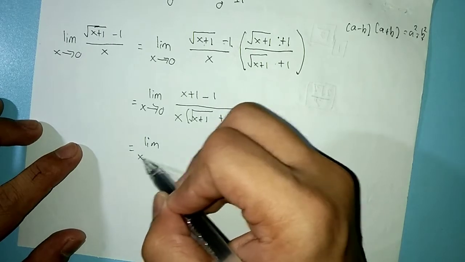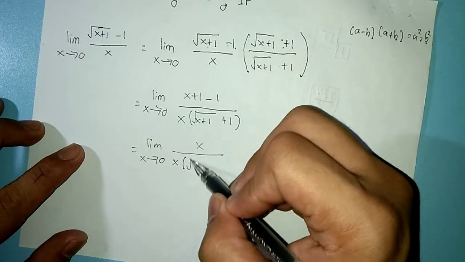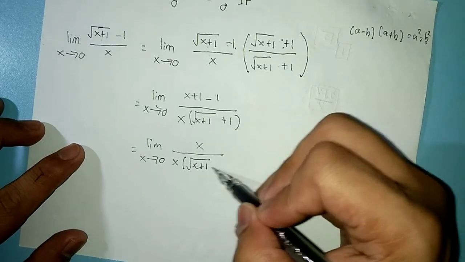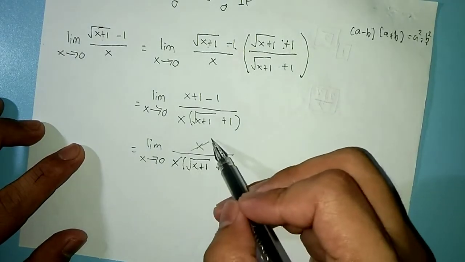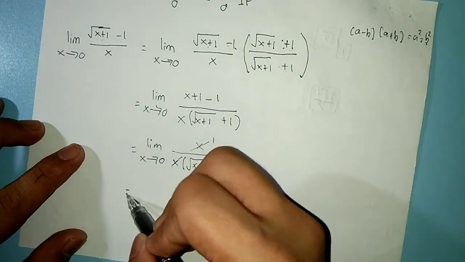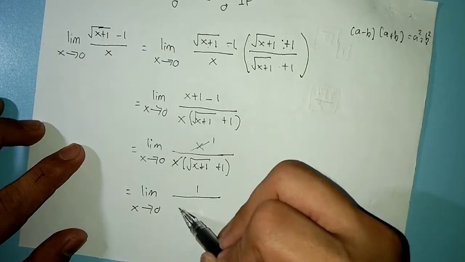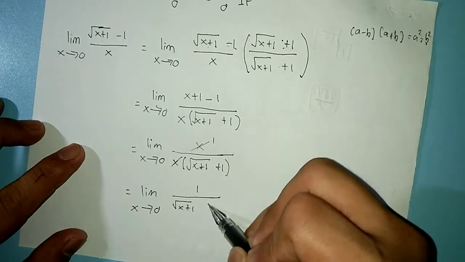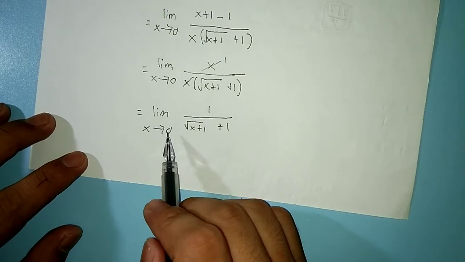So, limit as x approaches 0 ng x over x times quantity square root of x plus 1 plus 1. So, makakancel to, 1 na lang matitira dito, no? So, limit as x approaches 0 ng 1 over square root of x plus 1 plus 1. So, dito, try natin i-substitute na yung 0.